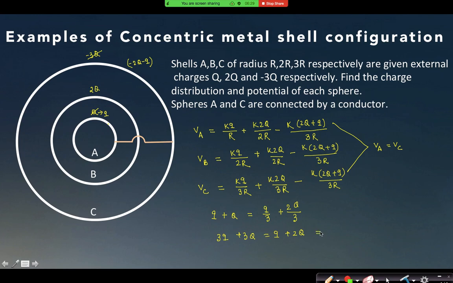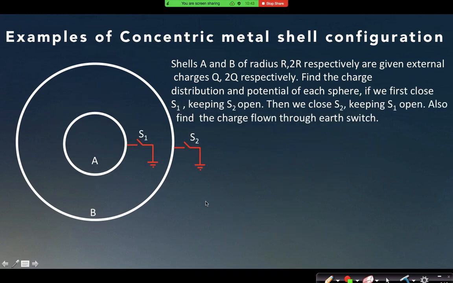And from that you can calculate that 2 small q is equal to minus capital Q. Right? So small q is equal to minus capital Q by 2. So that is the charge on shell A. The rest of the charge will come to shell C, and shell B is not connected, so it is isolated. The total charge will be Q only.